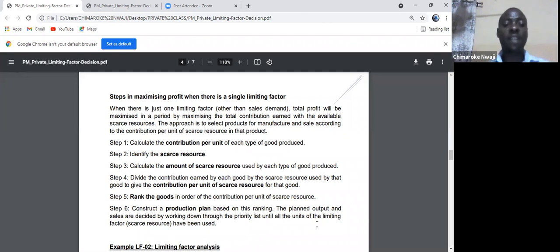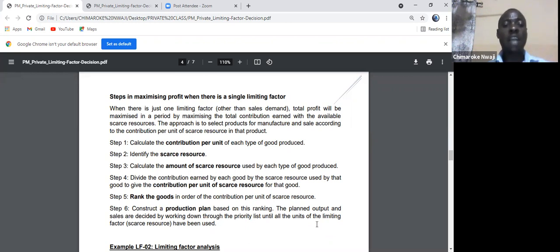Now, after doing that, you go to step 4. You divide the contribution per unit of each of the products by the scarce resource per unit to get what is called contribution per unit of scarce resource. So what it means here is the contribution per unit you got in step 1, that will be the numerator.